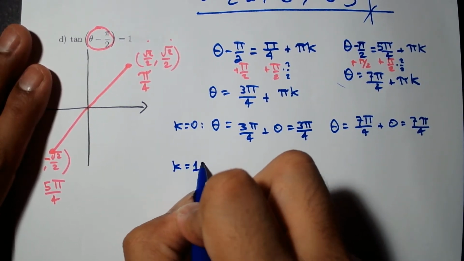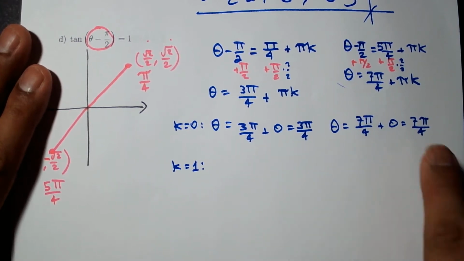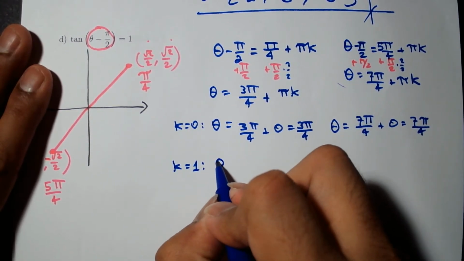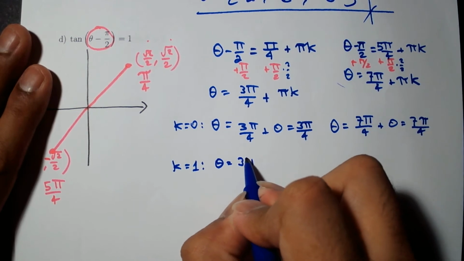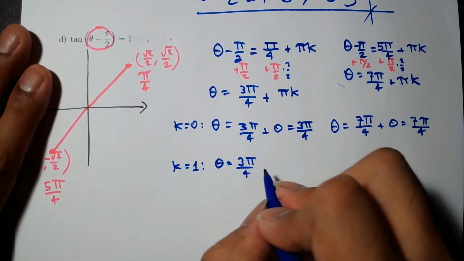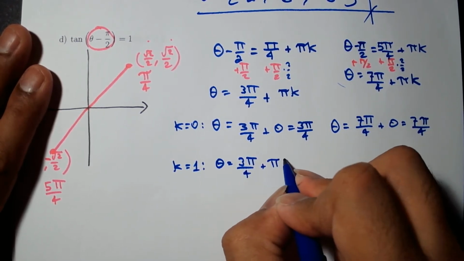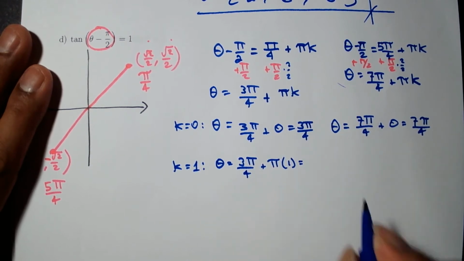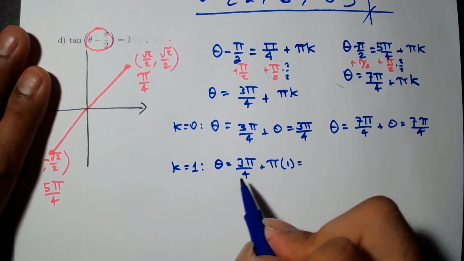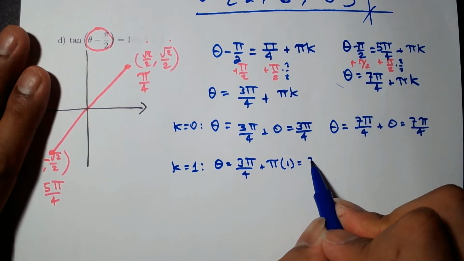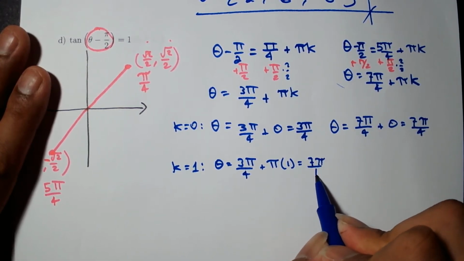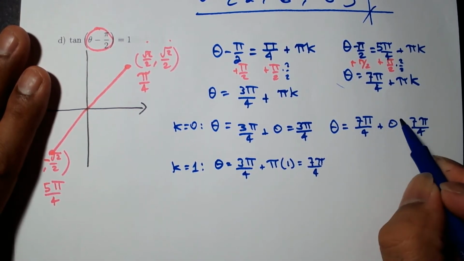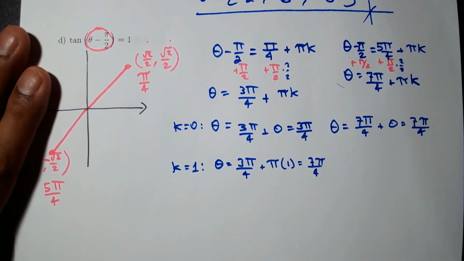k equals 1. Okay, so for k equals 1, something interesting is going to happen. 3 pi over 4 plus pi times 1. In this case, what is this going to be? 1 times 4 is 4, plus 3, that's 7 pi over 4, which actually happens to be the same one as on the second generator.